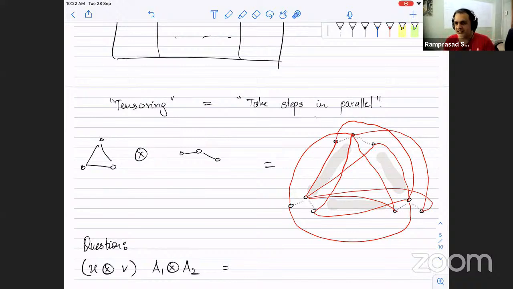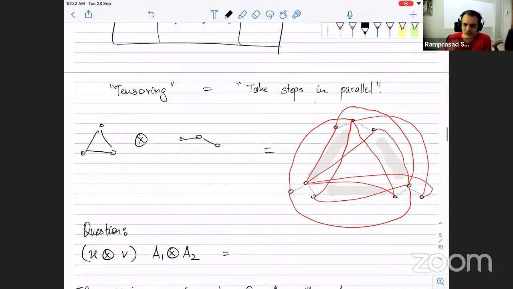If you aren't convinced of this, you should try it out. But I'm hoping all of you can guess what the answer should be. If there is any justice in the world, what would U tensor V, when acted upon by A1 tensor A2, become? A1U tensor A2V, exactly. The whole point of doing things in parallel is that you can think of them as two separate things happening.